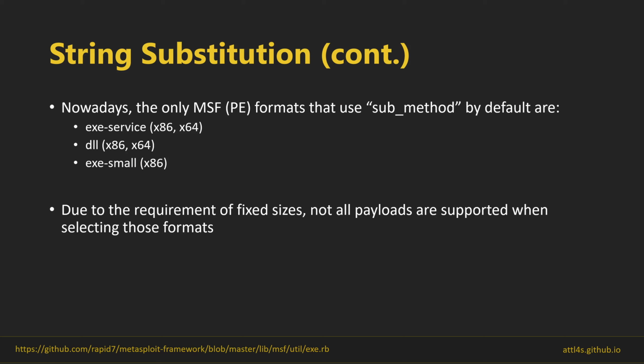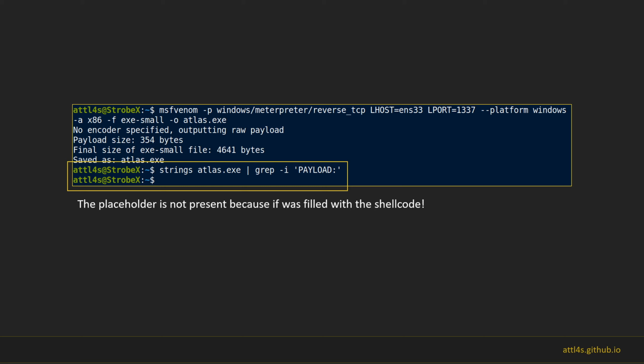So as a note, nowadays the only PE formats that use the sub method in Metasploit are these ones: the exe service, the DLL, and when you choose the exe small for 32 bits. And as a curiosity, when you generate a payload using this method, if you search for the payload colon string, it's not going to be there.